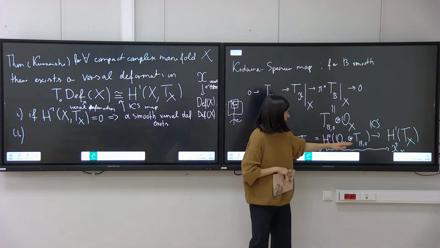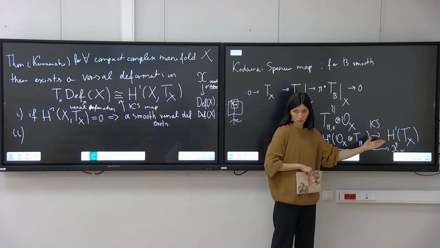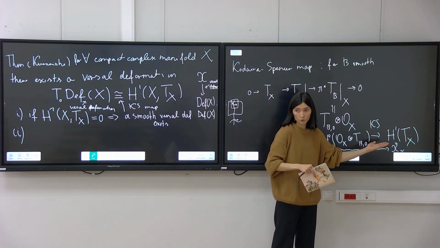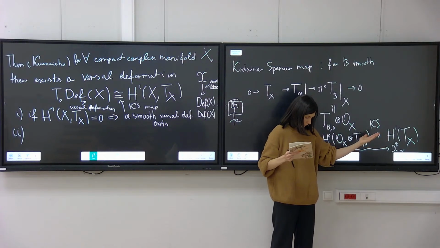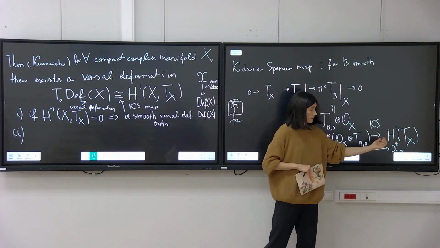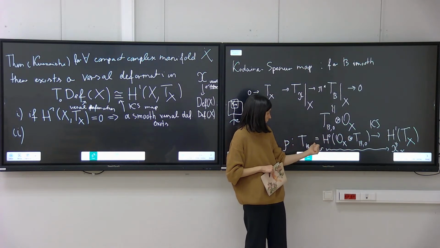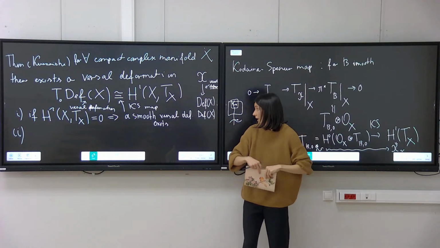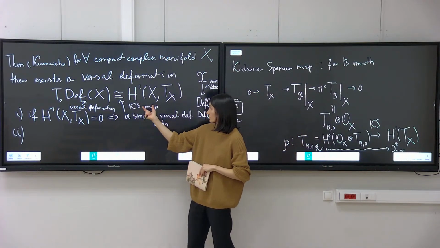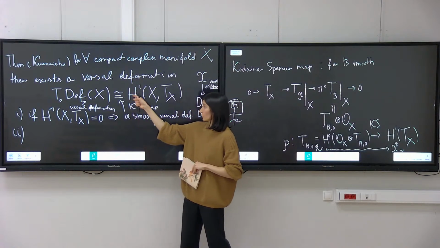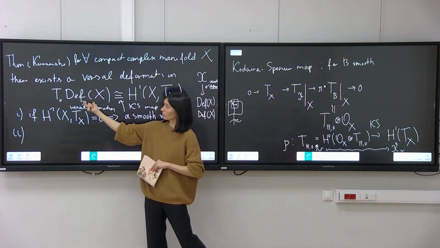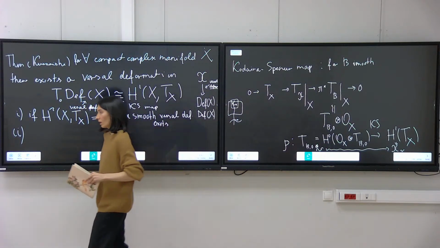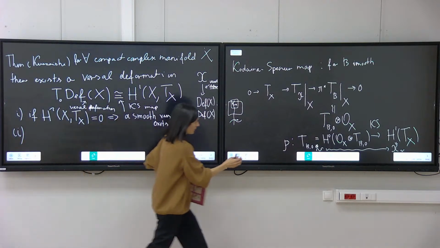So in general, Kodaira-Spencer is not an isomorphism; there might exist some infinitesimal deformations that don't come from our fixed deformation. For versal deformations, all infinitesimal deformations come from our versal deformation. Okay.